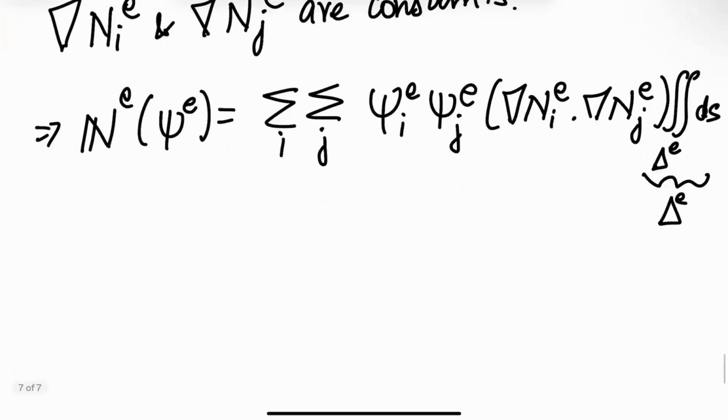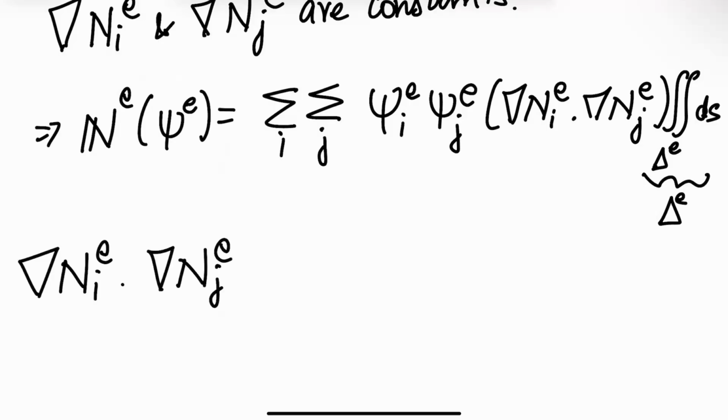Okay? Now we need to also compute the gradient of Ni dot Nj. So this is not a very difficult computation. We have the functions Nie and Nje as functions of x, y, and all of those constants, which are also functions of x and y.